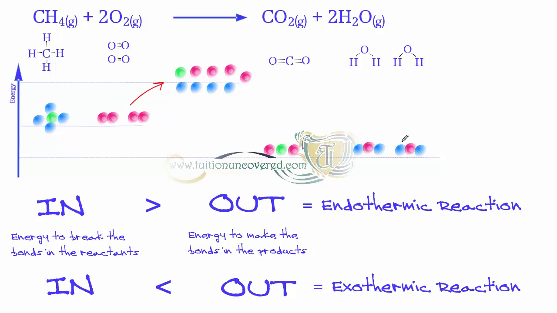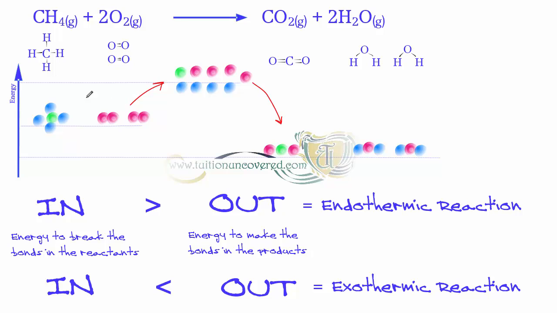What I'd like you to appreciate, adding energy broke the bonds, causing the atoms, individual atoms, to be at a higher energy level, illustrated here. They then released energy to form these products. They, however, are at a lower energy level compared to the reactants.